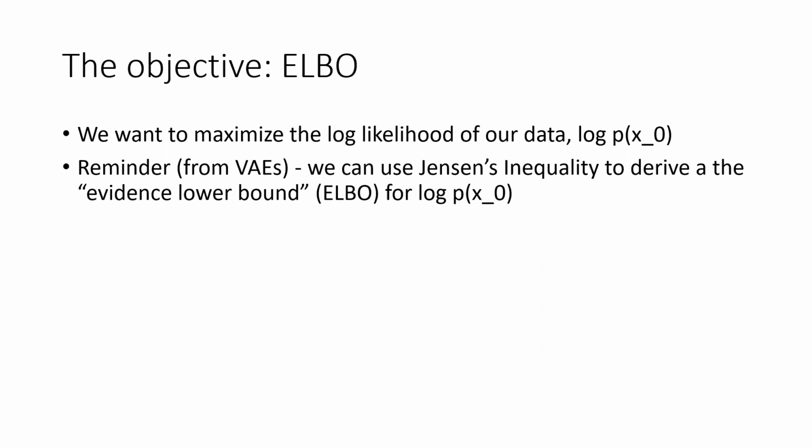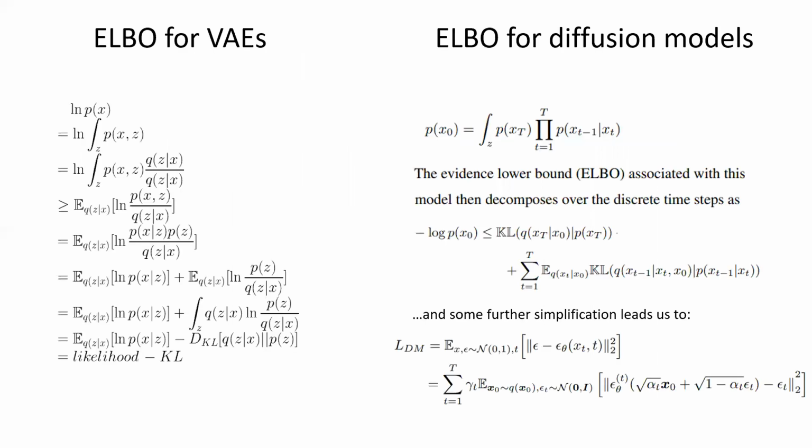And we're going to subscript that by 0 because x sub 0 are the images, the samples from our data distribution, as opposed to x sub t, which are z vectors essentially.